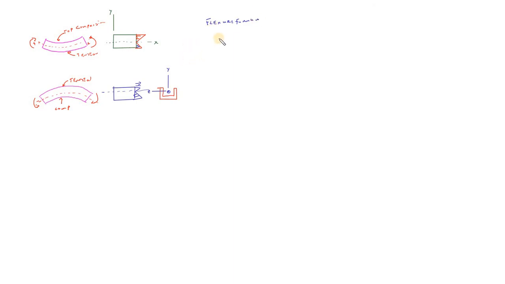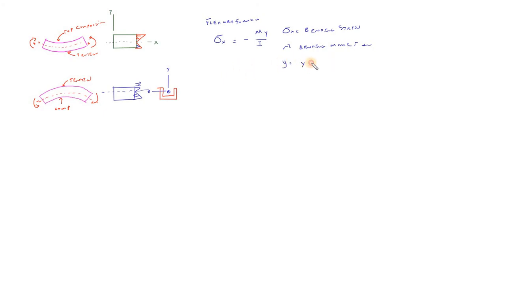When you're looking at the flexure formula, we get that sigma x is equal to negative My over I. Sigma x is our bending stress, and M is our bending moment, which we could find using a shear and moment diagram, or cutting the beam at a certain place and computing that moment.